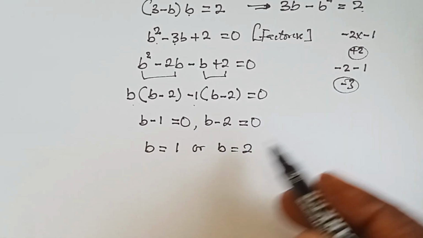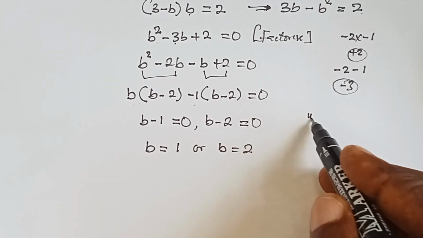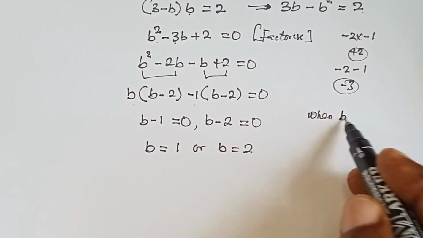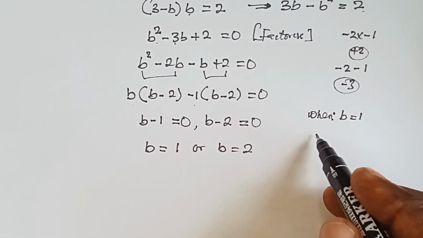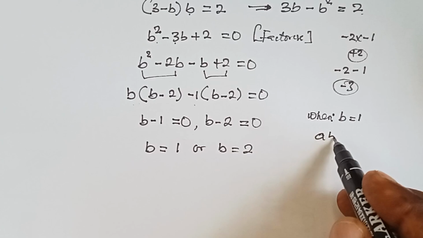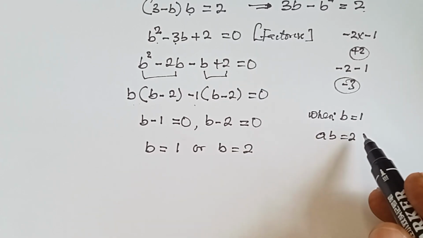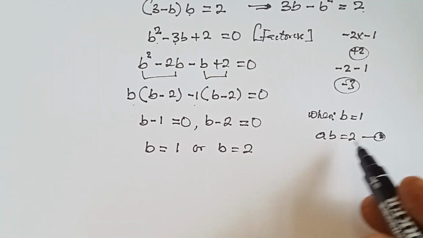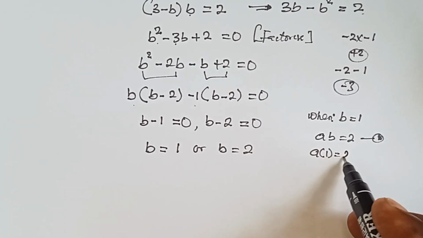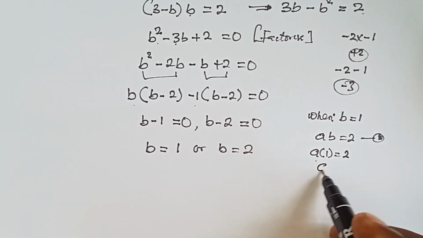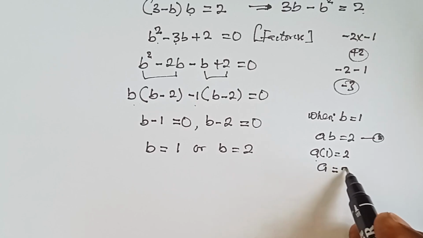What it simply means is that if b equals 1, from ab equals 2, that is equation 2, a times 1 is a, so a will be 2.